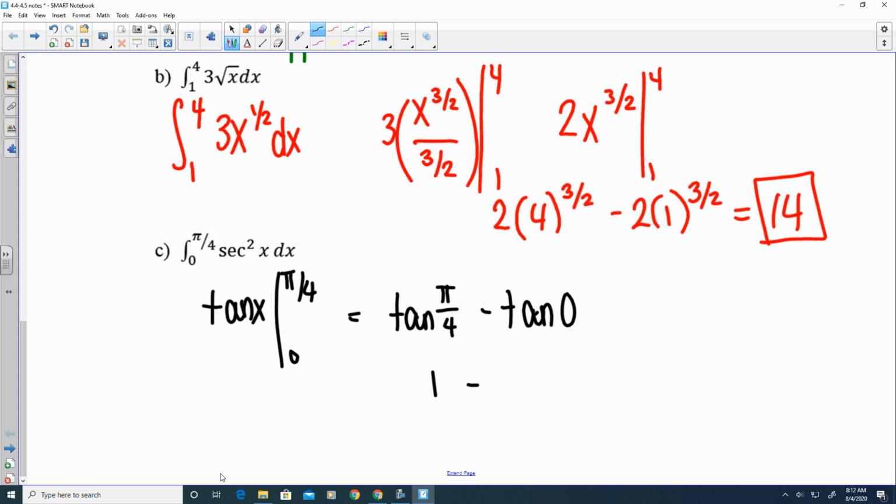And at 0, the point is (1, 0), so sine over cosine would be 0 over 1. So tangent of 0 is 0, and my entire answer is 1. Great, that is much better.